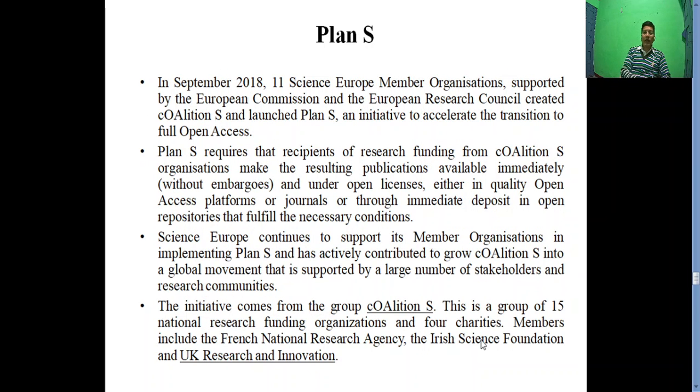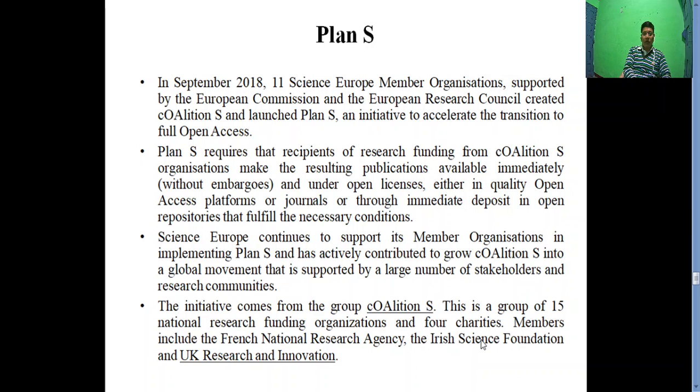But its plan is in September 2018, 11 Science Europe member organizations, supported by the European Commission and the European Research Council, created Coalition S and launched Plan S, an initiative to accelerate the transition to full open access.